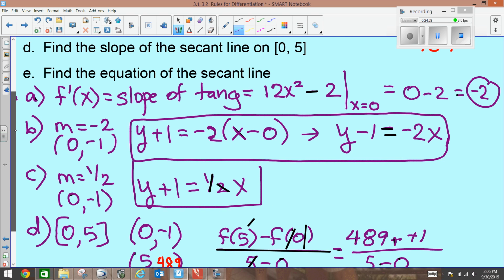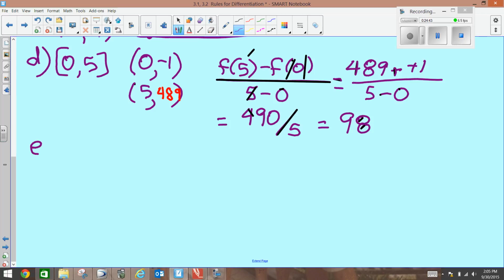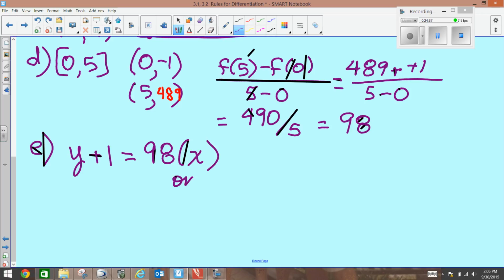And then find the equation of the secant line. We have y minus, you take either one of these, I'm going to do the one again, y minus 489 equals 98 times x minus 5.